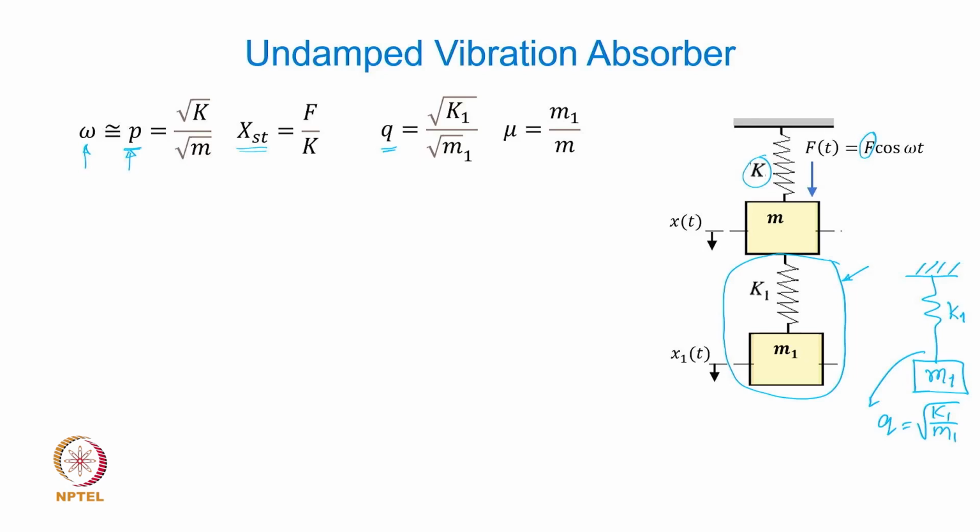However, we have here discussed two different systems, one parent system having its own stiffness k and mass m, and an auxiliary system or an attached absorber system whose own stiffness and mass are k1 and m1 respectively.